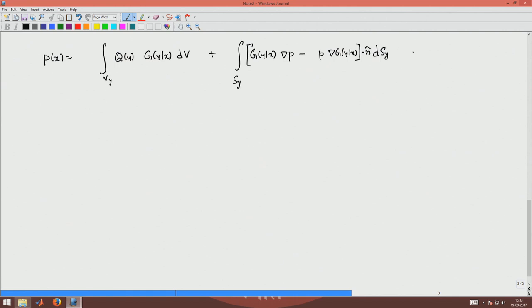Again we will put that subscript y to remind ourselves that the integration variable is essentially the y variable. Now, as I said, this equation is called the Kirchhoff Helmholtz integral equation.